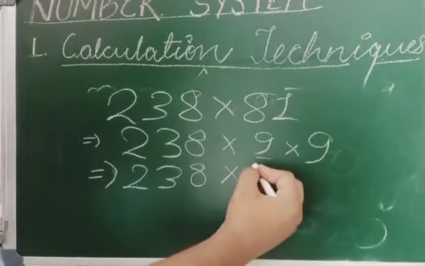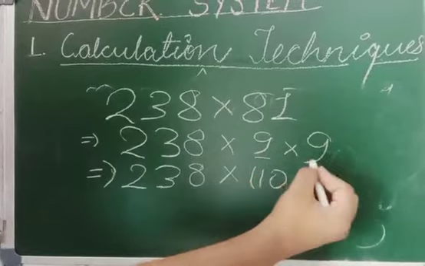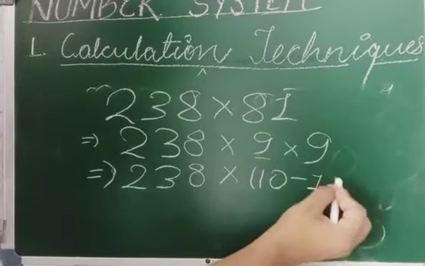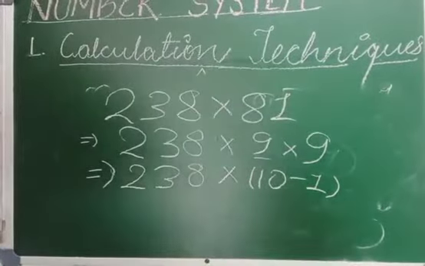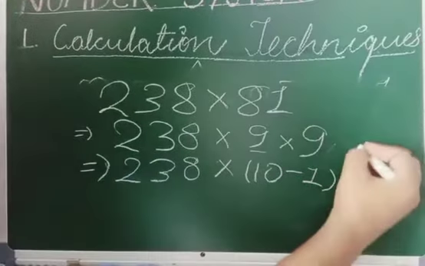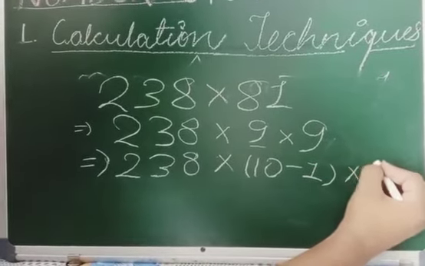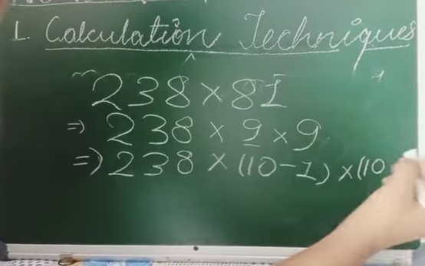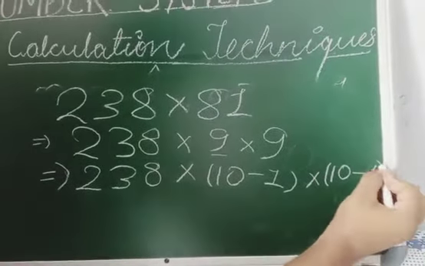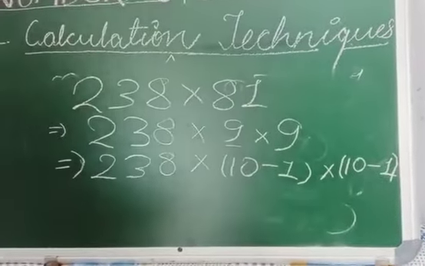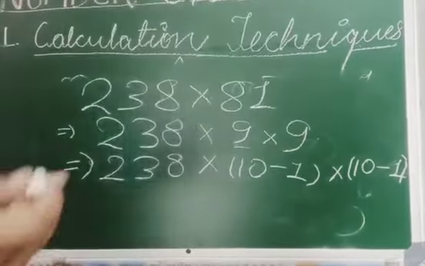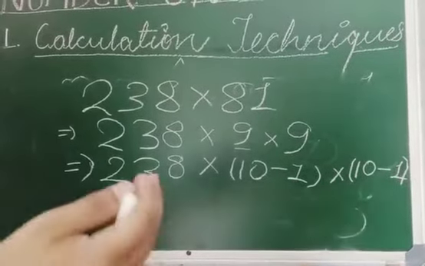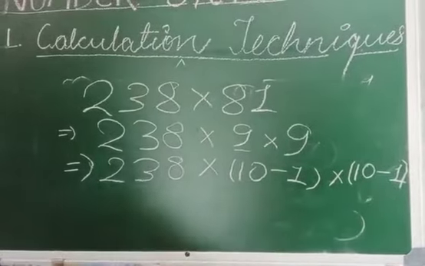We can write 9 as 10 minus 1 and 10 minus 1. So let's solve the question.